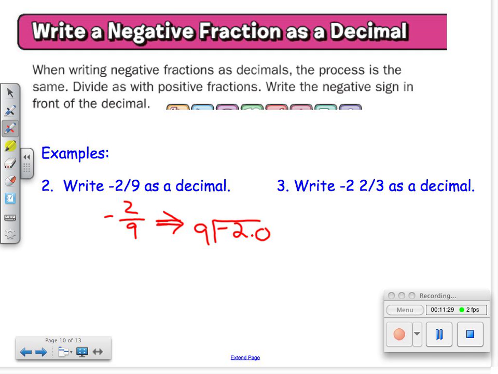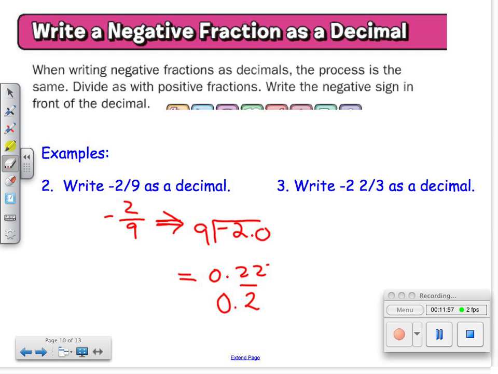Again, you could do the long division if you so desire, or you can pick up your handy dandy best friend calculator and punch in 2 divided by 9, enter, and you get 0.222, and on and on and on. So the correct way to write that is -0.2 with a bar notation over the 2.